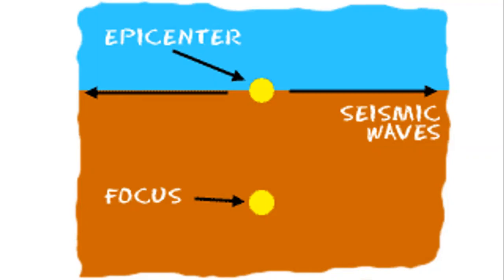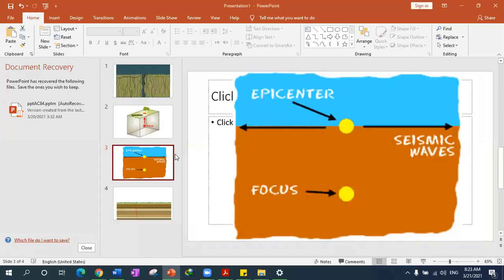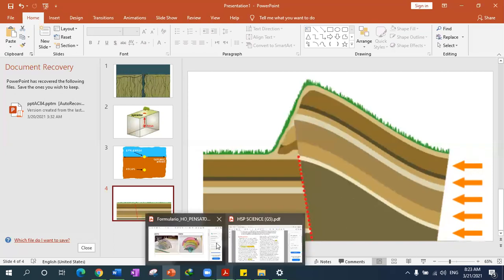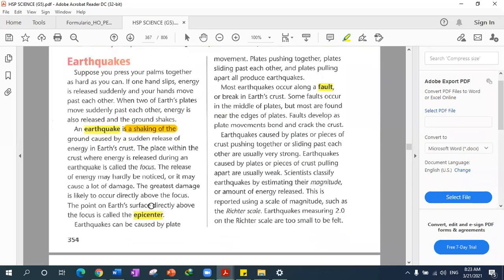If someone is living on an epicenter, that means his house was totally destroyed. He got most of the earthquake. Let me get back to your book here. So we have the word epicenter, and this is again the point on Earth's surface directly above the focus, as we said.